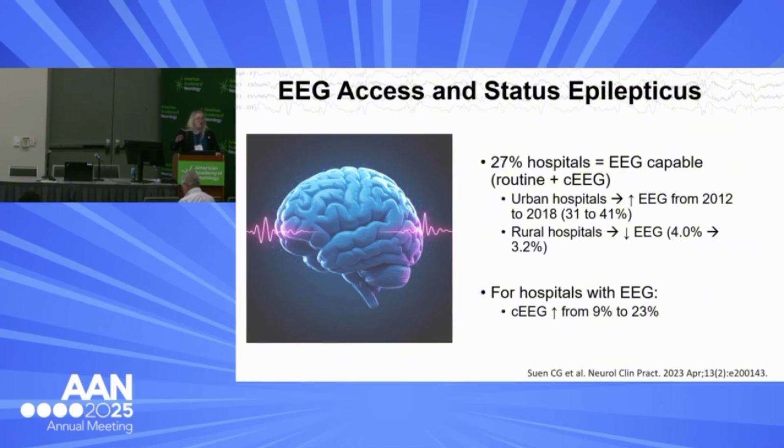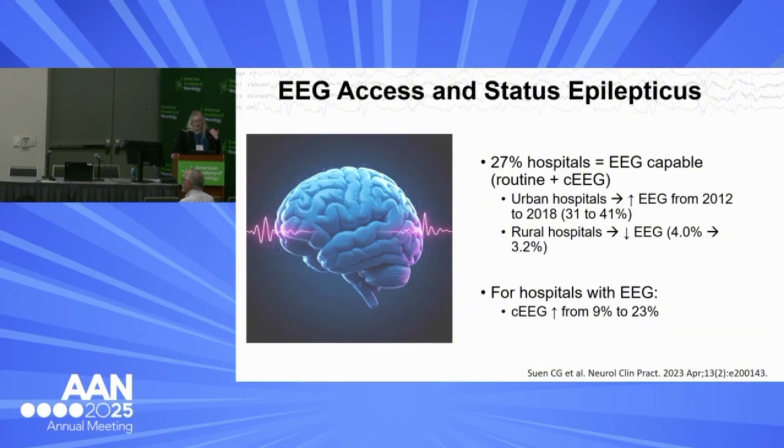There is a problem with EEG access almost universally in many parts of our country. Only 27% of hospitals are EEG capable, and that includes both routine and continuous EEG. Urban hospitals, as I mentioned, have a better likelihood of being EEG capable, and they have shown a growth in the incidence of EEG capability.